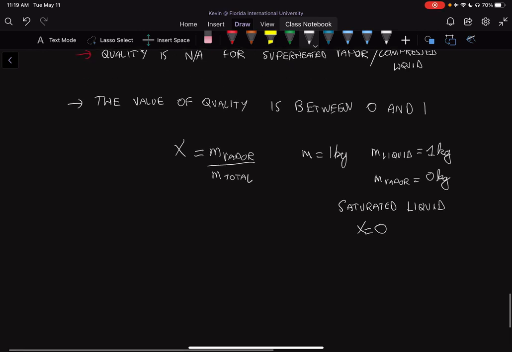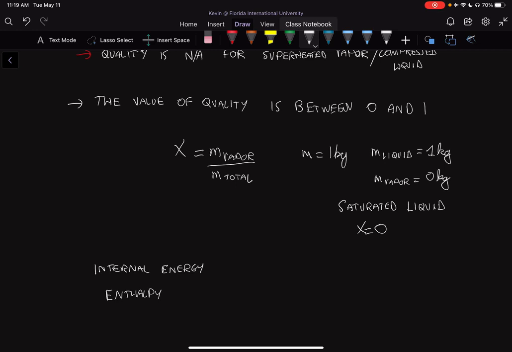Those two things are called internal energy and enthalpy. We'll define them a little bit later, but essentially internal energy and enthalpy work exactly the same way as our specific volume from a graph point of view.